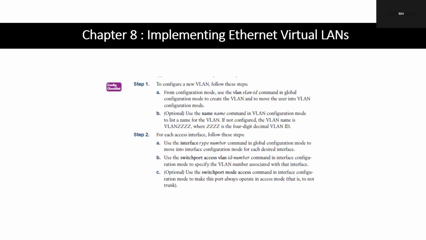Put in the command like you guys saw in earlier chapters: go into global configuration mode, go into interface configuration mode of the desired interface, put this command in before you start configuring anything. Do another verification. Once you verified, hey, this port is operating in access mode, we are good to go to follow through with our design to put this in a specific VLAN and have it be an access port.